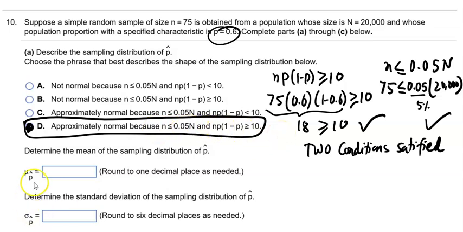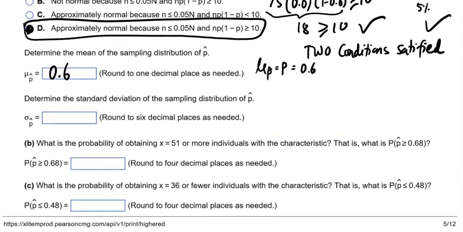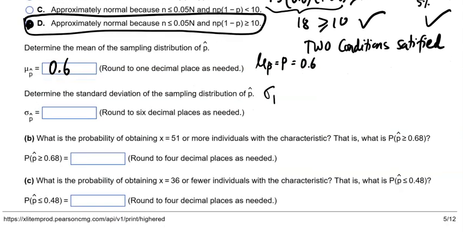So now mu p hat is the same as p as a formula, which is the same as 0.6, rounded to 1 decimal place as needed. So standard deviation is going to be sigma p hat equals the square root of p times 1 minus p divided by n.